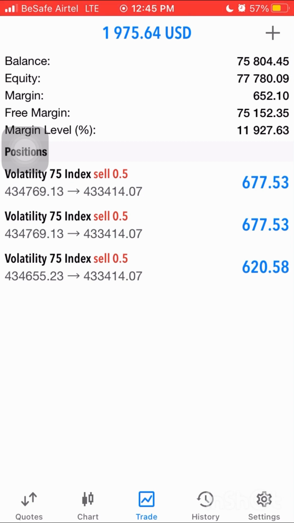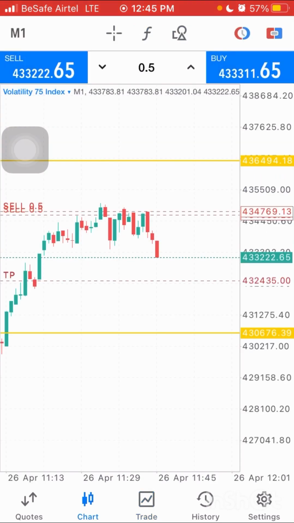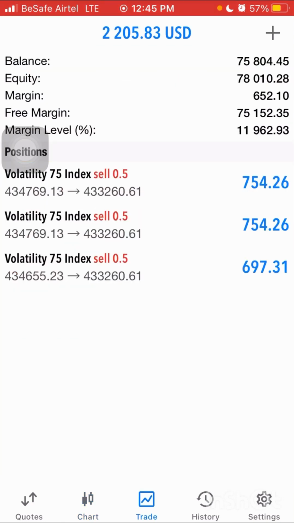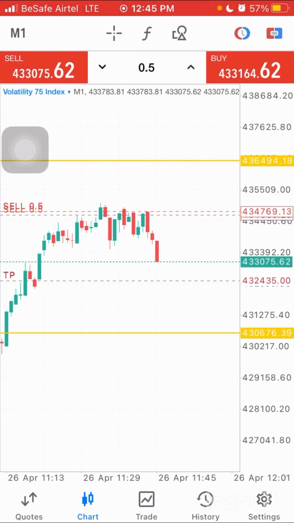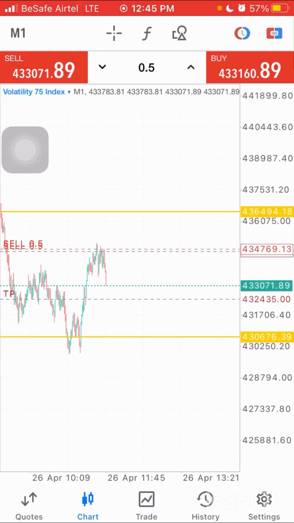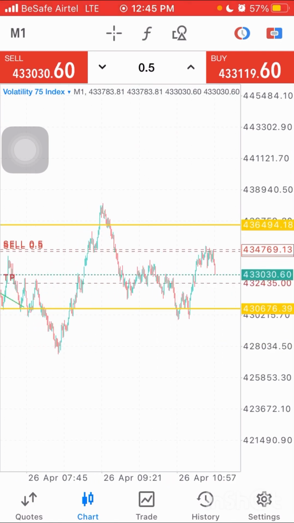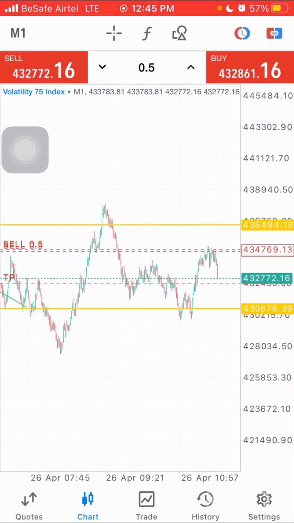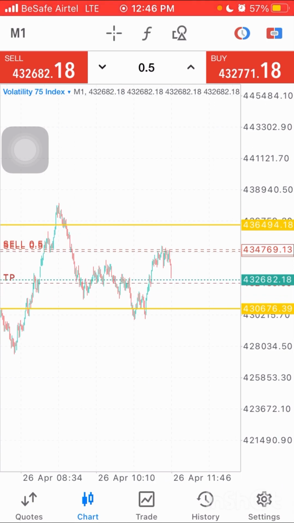I'm saying this two times, and there's a reason for it. If you have a wrong technical analysis and you enter a trade, you end up losing, and sometimes you lose more than you bargained for if you're not good at risk management.